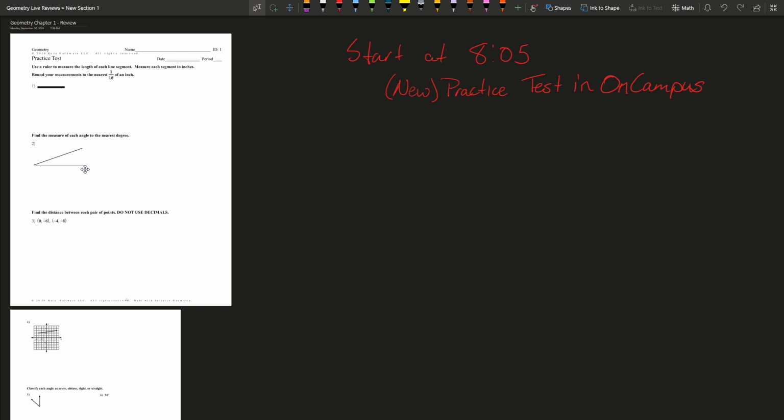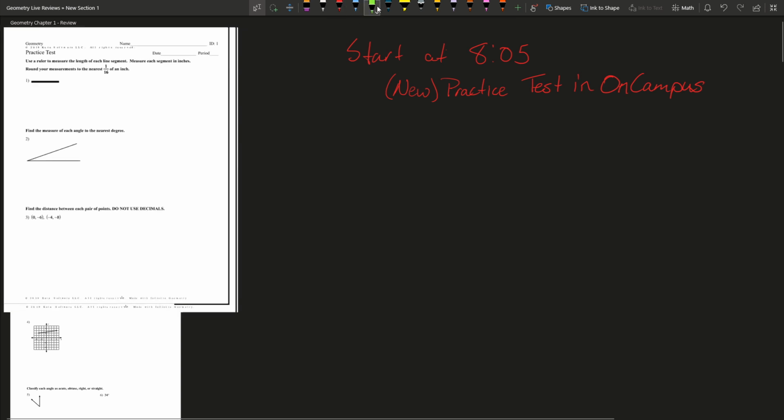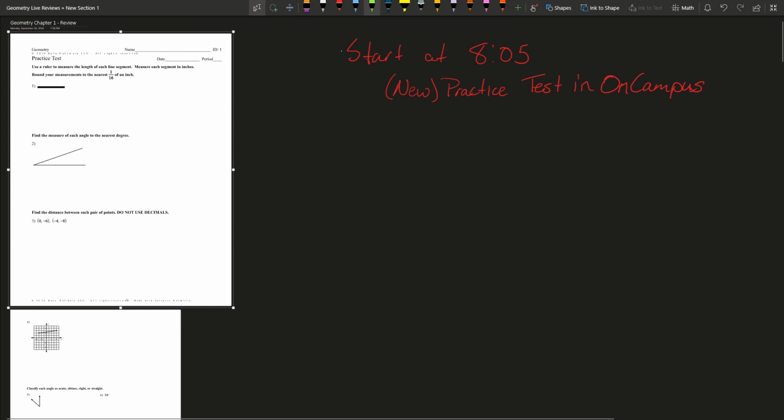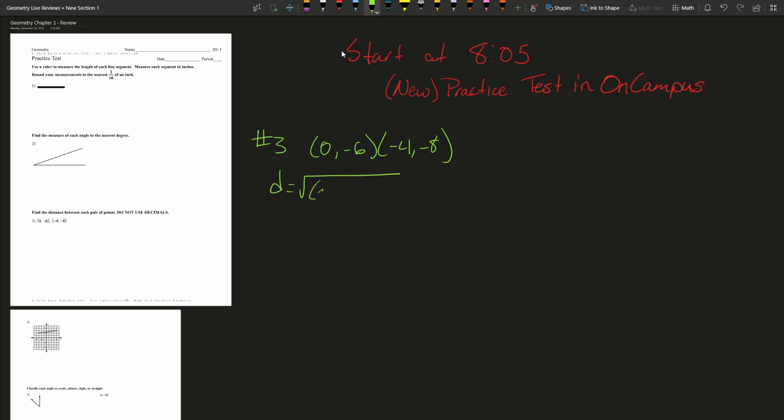So I'm just going to start with the distance problem, which is number 3. So the distance formula is this whole thing.